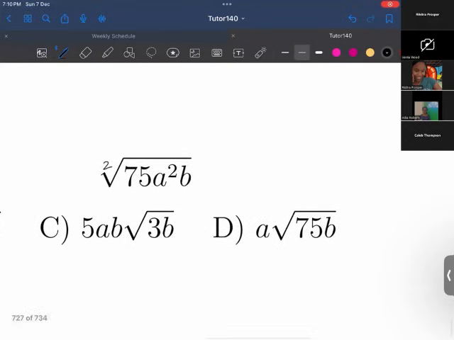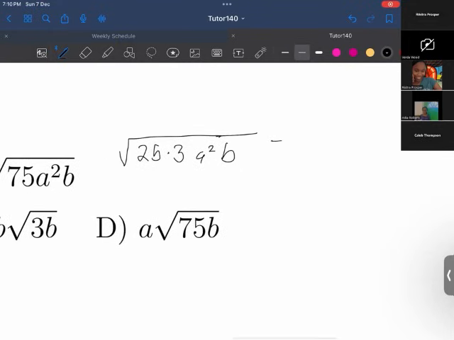So what we want to do is break it up. We know that 25 times 3 is 75, because if you have 3/4, how much do you have? 75 cents. So 25 times 3, and we're going to put the a squared and b back, right? 25 is a perfect square, so we can take that out of the square root symbol. The square root of 25 is just 5. So we can take that out, 5.